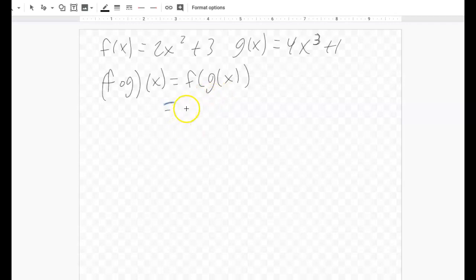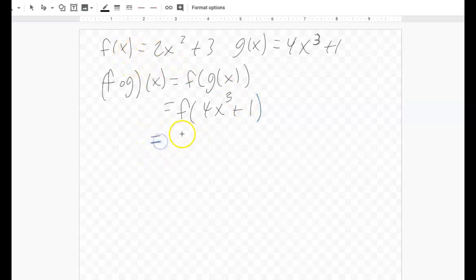All right, so the inside function is the 4x cubed plus 1. And we're going to plug that in for the input.